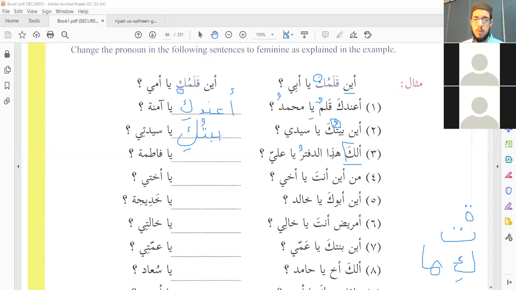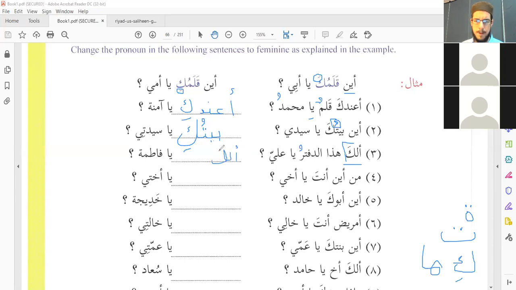Whereas if we had flipped it, then maybe we have multiple possessions and we know that they are Ali's, and we're kind of narrowing down maybe something for Ali. هذا الدفتر لك يا علي. Maybe there's multiple sorts of objects that are there. Good. And the switch to feminine was nice and smooth.